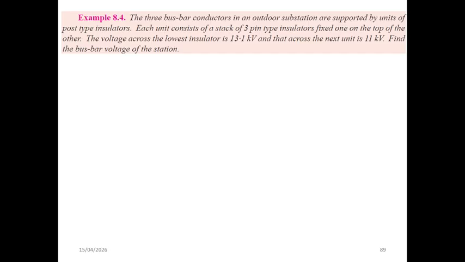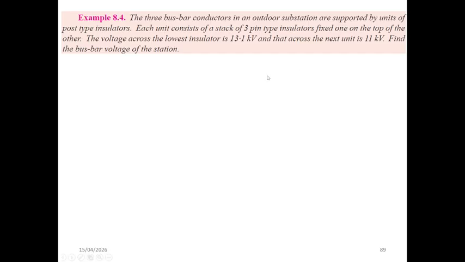So the given data specify that the voltage across the lowest insulator is equal to 13.1 kilovolt, and the minimum voltage across the capacitor closer to the top is equal to 11 kV.